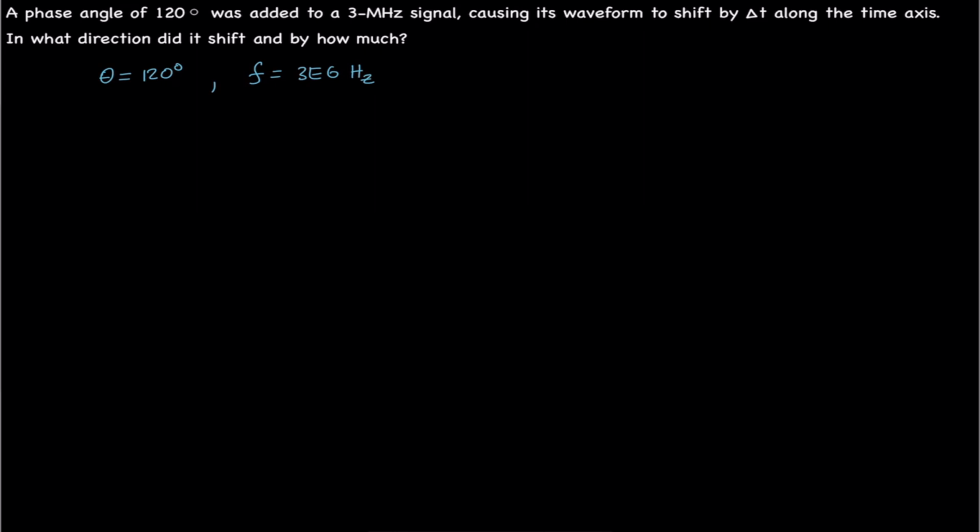And we know that corresponding to the period of a waveform, in a sense, a phase angle of 2 pi corresponds to a time shift along the time axis equal to 1 full period, right?